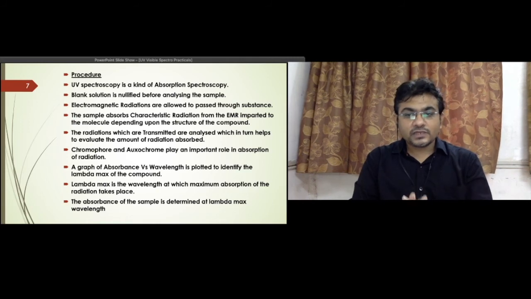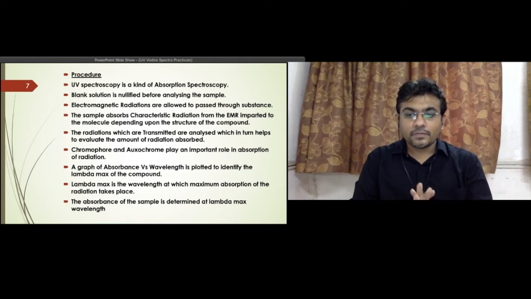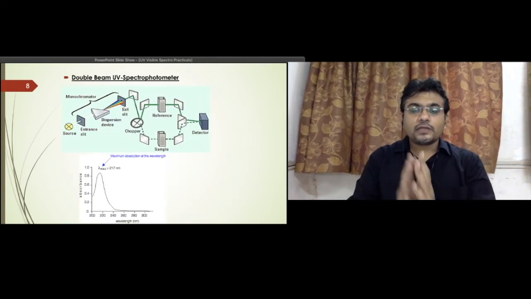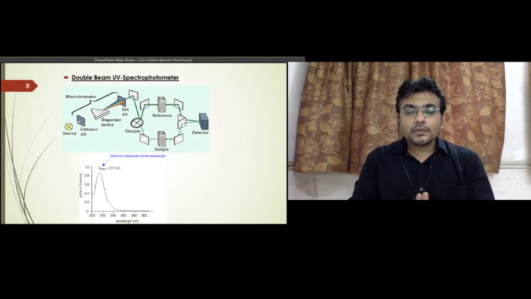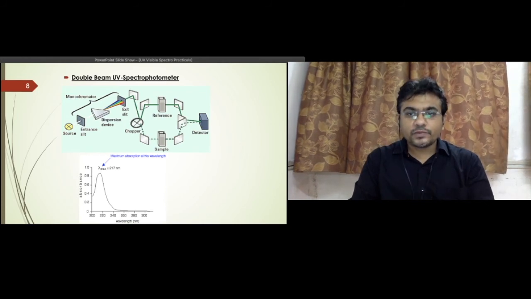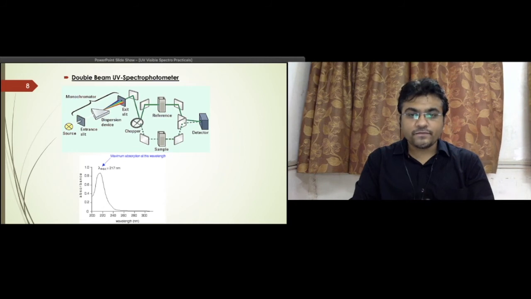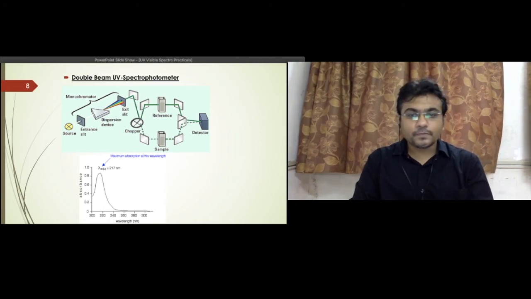Now, once the absorption of the sample is determined at the lambda max wavelength, we will go through the calculation part. Here there is a diagram of a double beam UV visible spectrophotometer, as well as a diagram of a graph which shows us the lambda max of the compound.